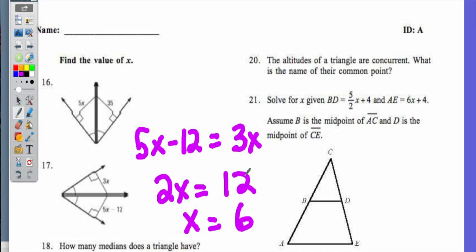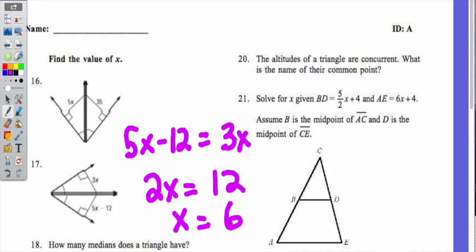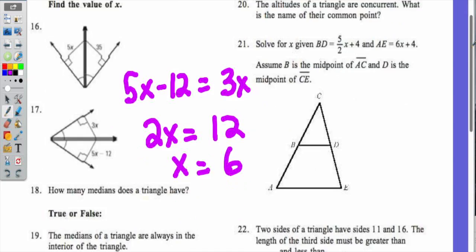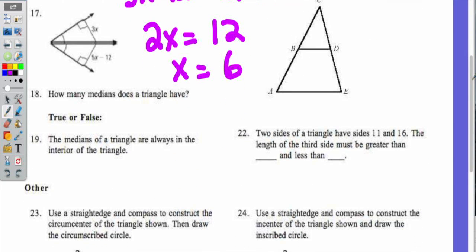How many medians does a triangle have? 3. Once again, where do they meet? Centroid. We're geniuses. Number 19. The medians of a triangle are always in the interior of a triangle. That's true.